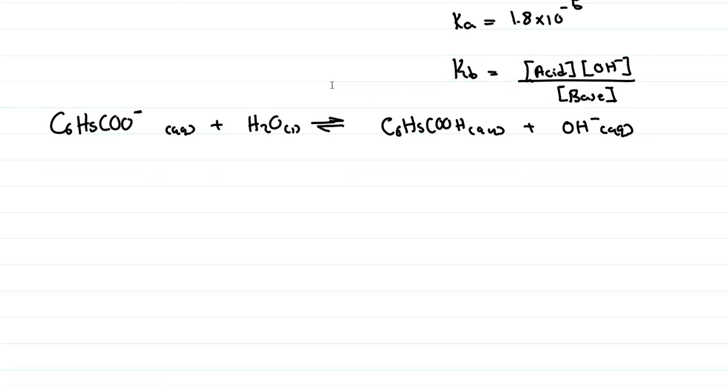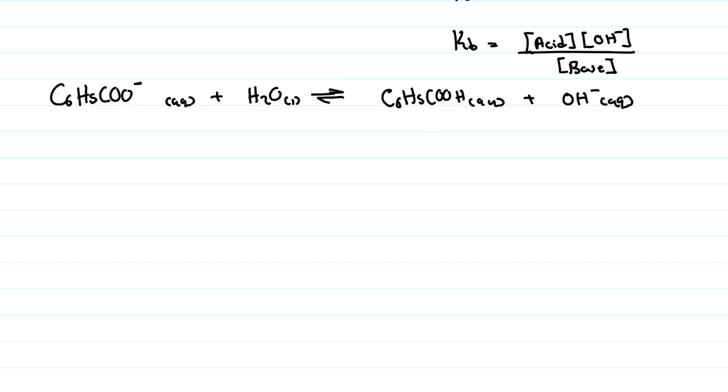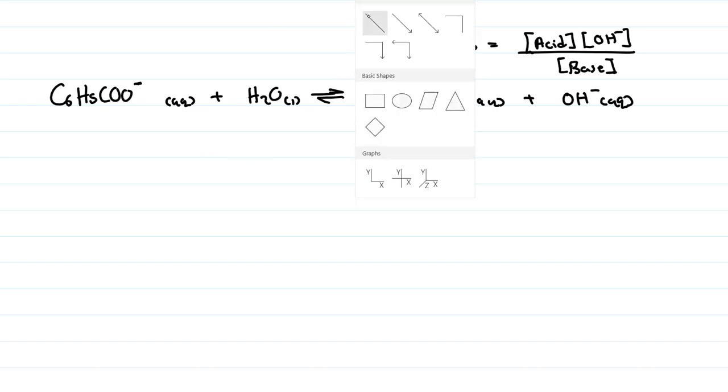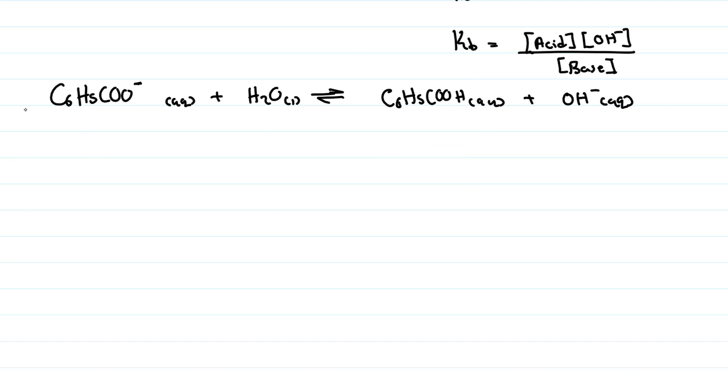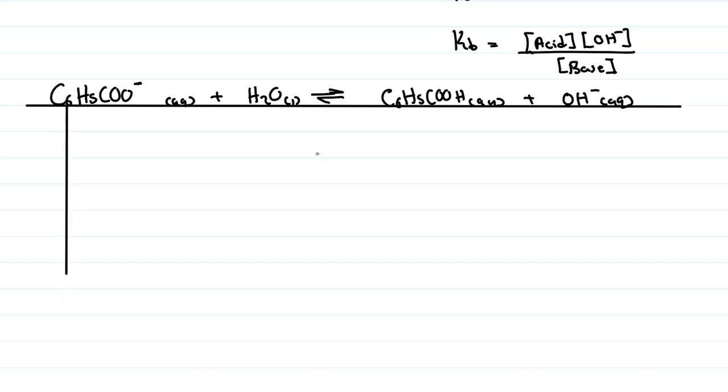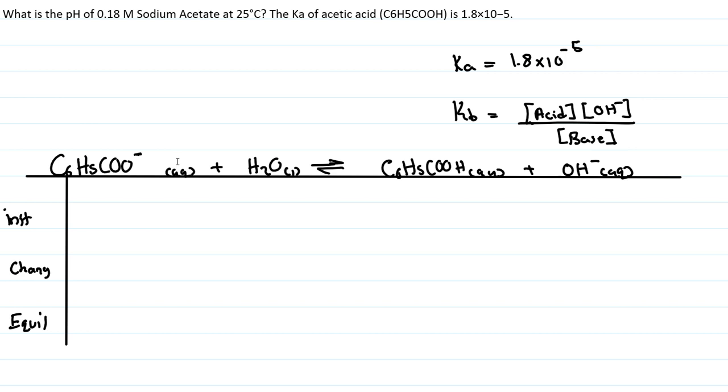So from here we can draw our reaction table. So we have initial, change, and equilibrium. We are given the initial concentration for sodium acetate, which is 0.18.